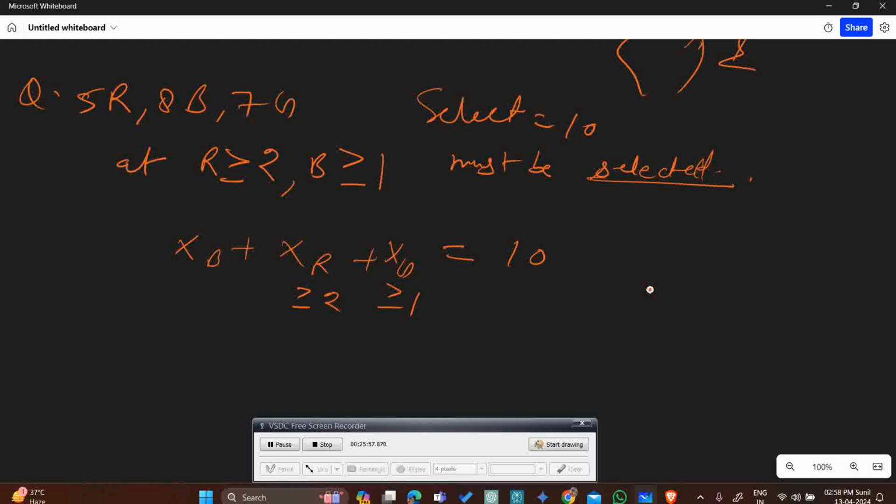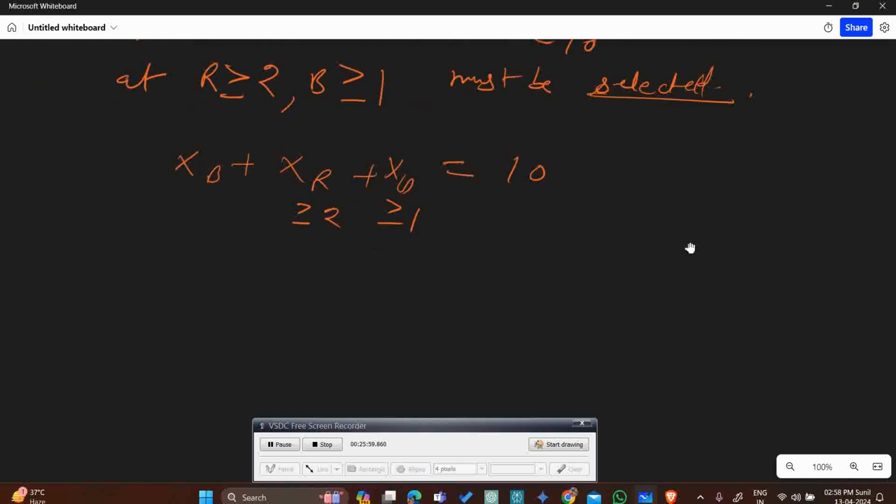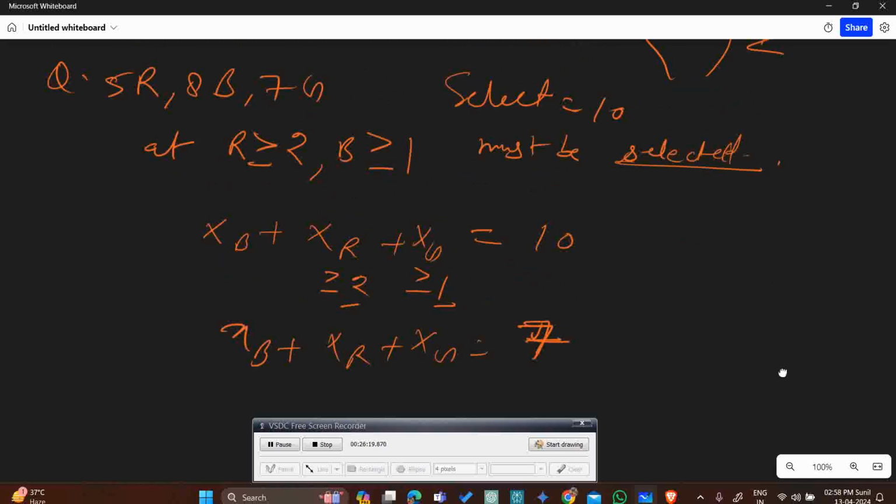So eliminate the lower constraints. It has no upper constraint, so it can be xb plus xr plus xg, which is 7 now.